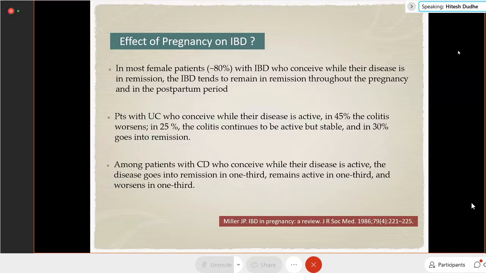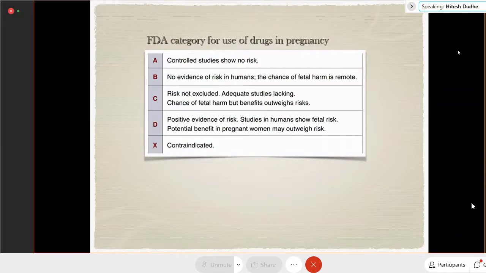That is, about one-third of the patients will go into remission, one-third will have active disease, while one-third will have worsening of the disease. So before going into the medications that are used in pregnancy in IBD, I will just run through the FDA categories.